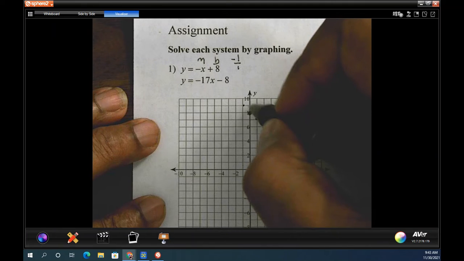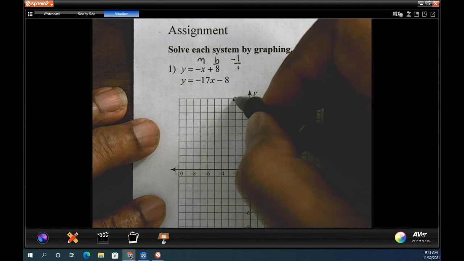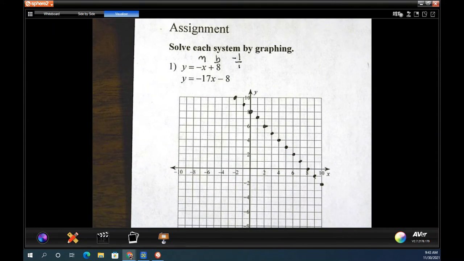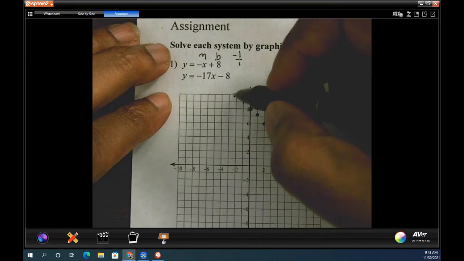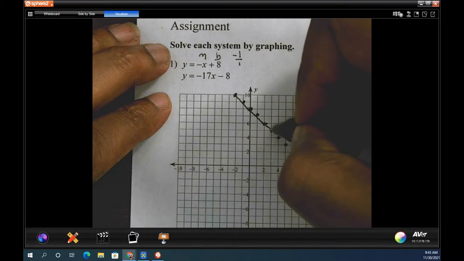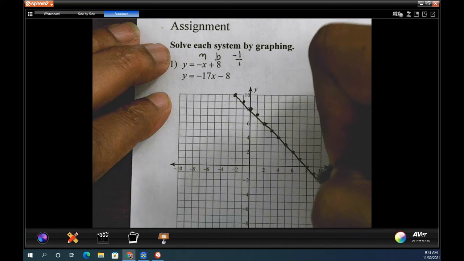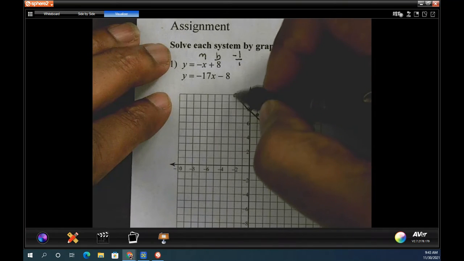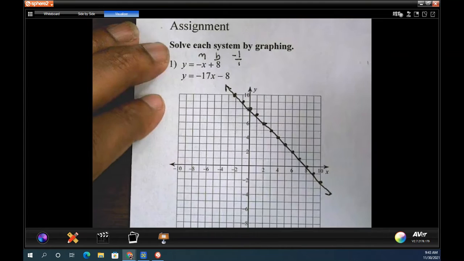And we could go up 1, left 1. All right. Connect all those points. That's our first line. Because I'm going to show you something with this.